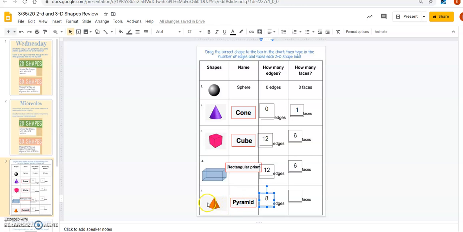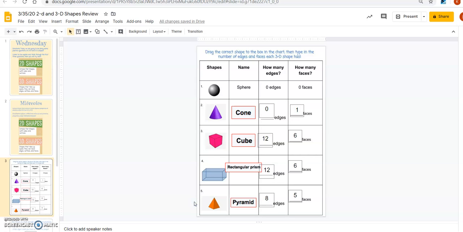So there are 4 going all around, and then there are 4 on the bottom. I know that a pyramid has 5 faces. So because it's made up of 1 square, that's 1 face, and then for each side of the square, there's a face going up.